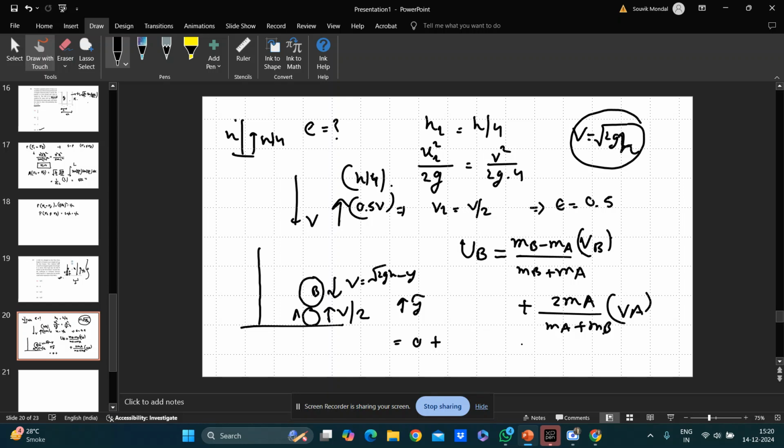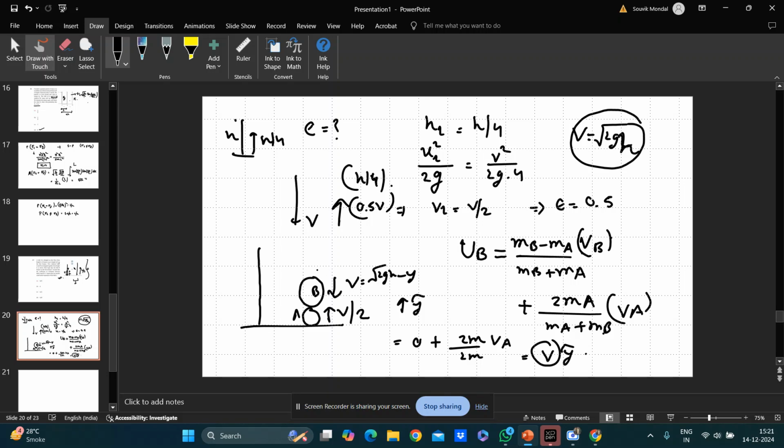The second is 2m divided by 2m into VA, and VA is v. So after collision, the velocity of ball B will be v. Its direction is the y hat direction.